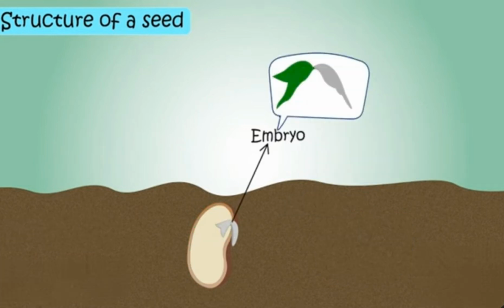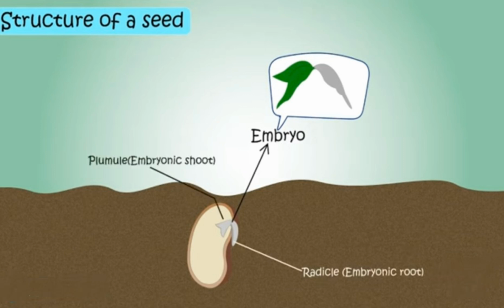The next part of a seed is the embryo. It is an important part of a seed and it develops into a new plant. The embryo has two subparts. One is the radicle, the embryonic root, and the second one is the plumule, the embryonic shoot.